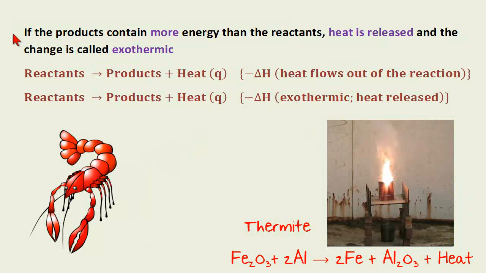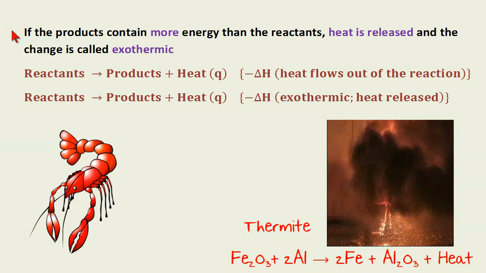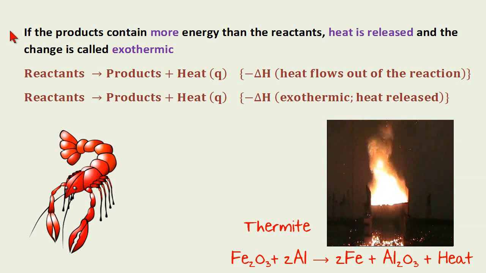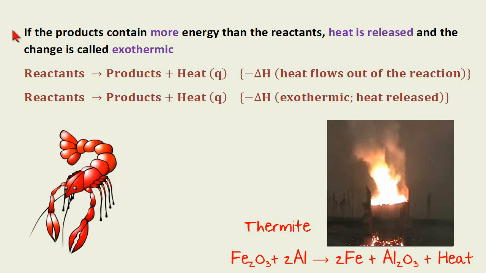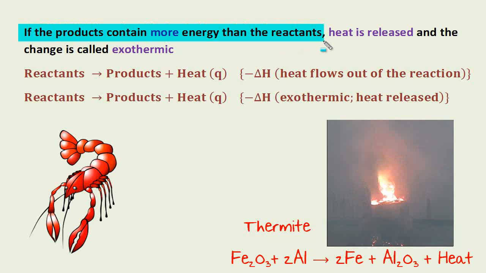Here is the explanation of exothermic. And on the right here, we have a thermite reaction, which is exothermic. It means it gives off heat quite spectacularly, and we'll talk about this right now. If the products contain more energy than reactants, heat is released, as we are viewing on this paused video here, and the change is called exothermic.